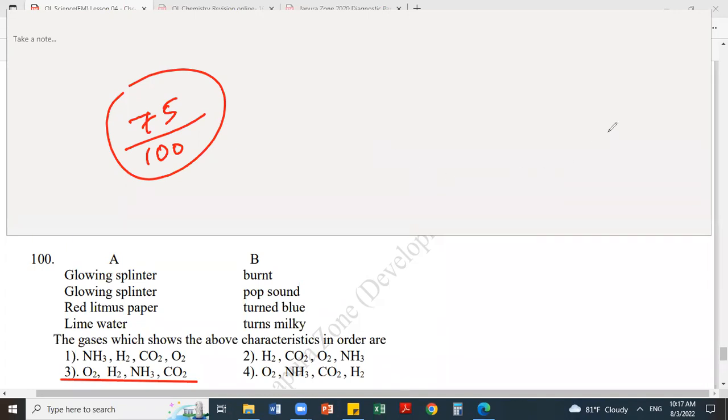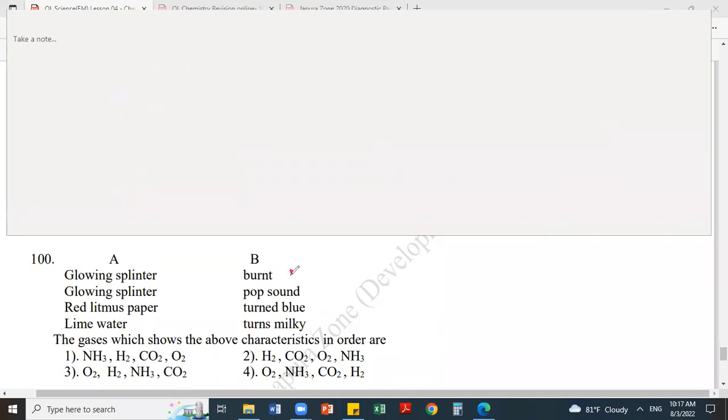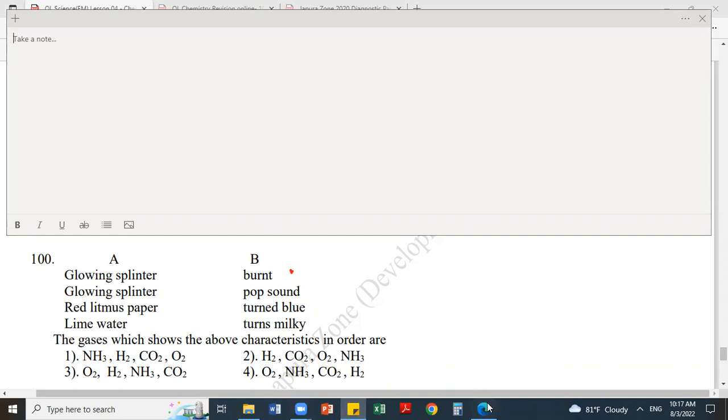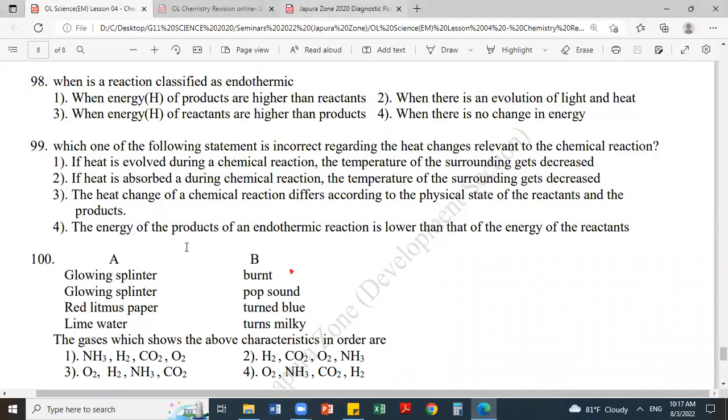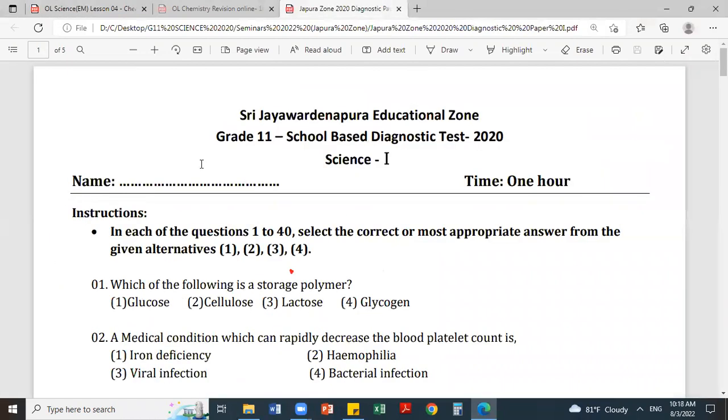Now I have discussed chemistry and the revision is completed. So we'll do physics and biology also like this in upcoming papers. Now I will share the screen for the next paper. This is the new paper I have shared with your WhatsApp group, I think through the school.